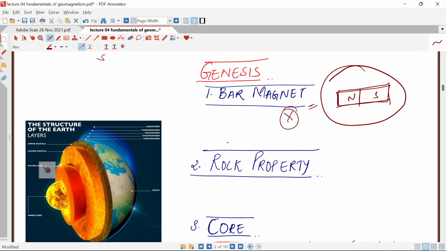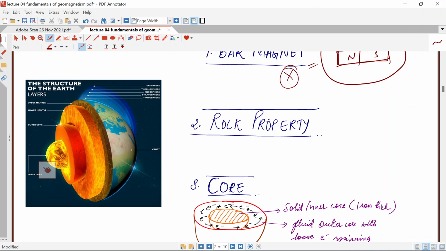Then the second postulation made by scientists is the rock property. This says that if you consider the earth surface, and this is the rock present on the earth, this rock contains magnetic property.